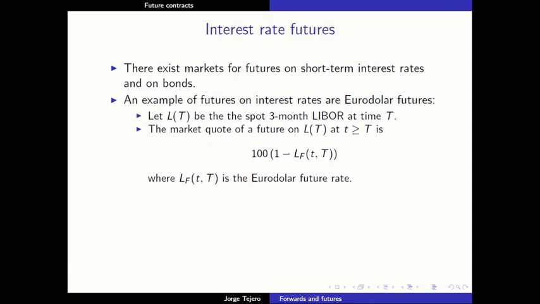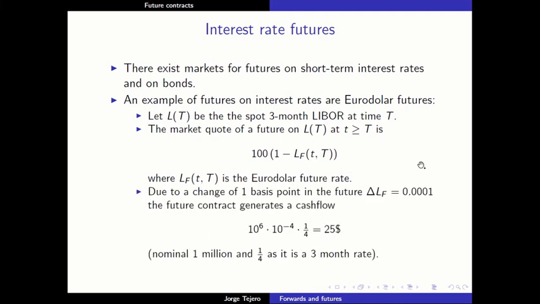And the quote market for the future is given by this expression over here, where L_f is the future on the LIBOR. A change of 1 basis point in the future is going to lead to a payoff of $25 according to this equation, where this 1 million over here represents the nominal of the contract.